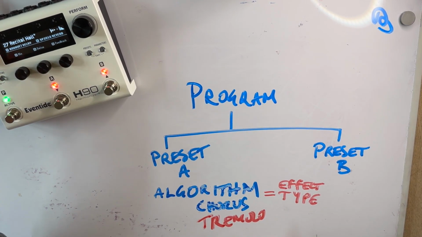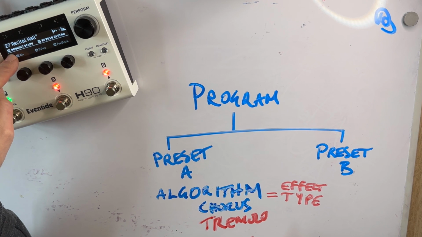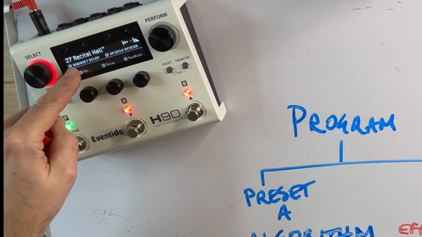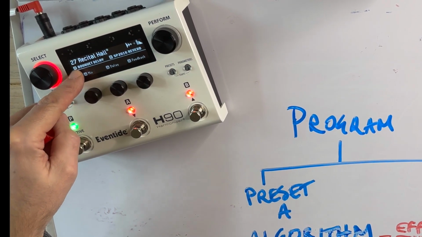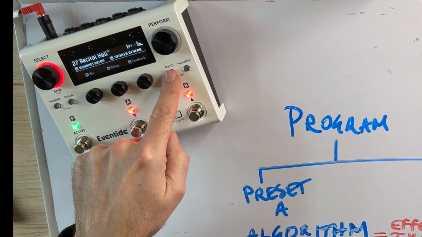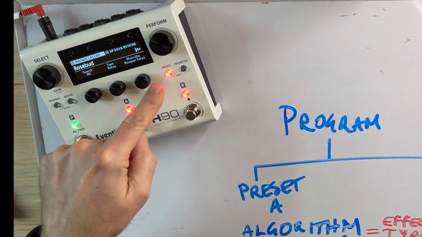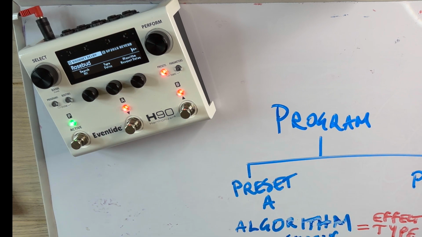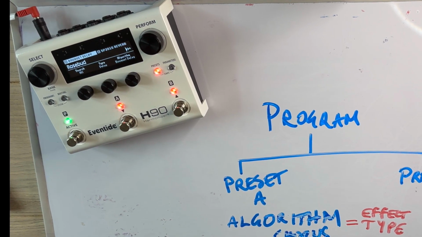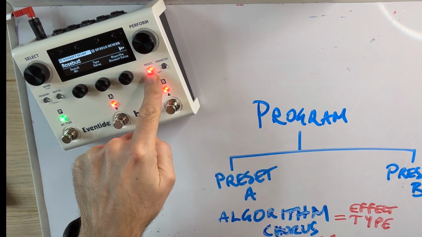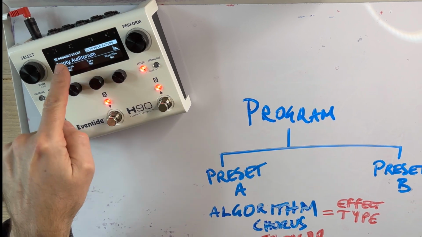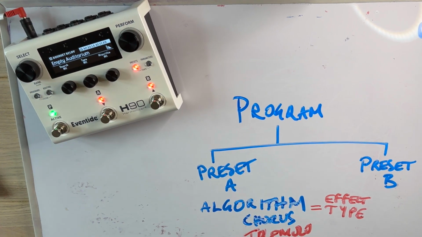So going back to this example here, we have our bucket delay, but I'll be honest, I can't remember which preset, in other words, which settings were saved with it. If I tap the preset button, it comes up and it says the name of this preset is Rosebud. And on the other side, on the reverb, there's an empty auditorium preset.